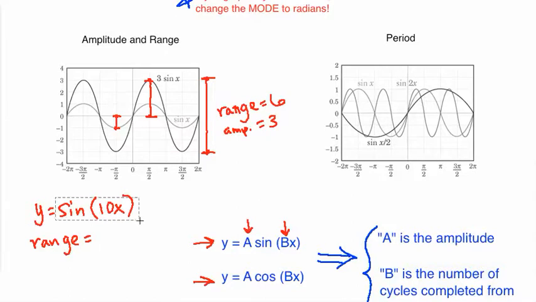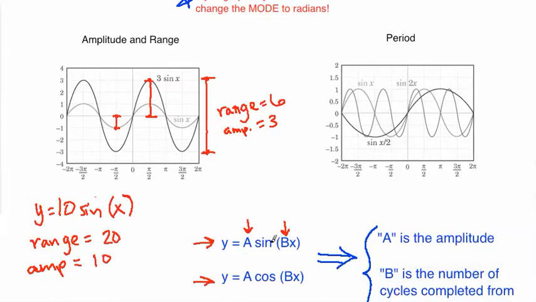I meant to put the 10 in a different spot. 10 sine of x. Sorry about that. Our range here is going to be 20, because it's going to be 10 up, 10 down, and our amplitude would be 10. Okay, so that's an example of that.